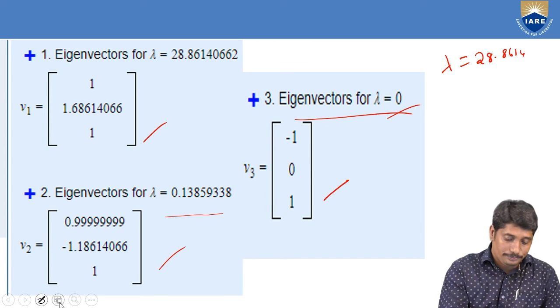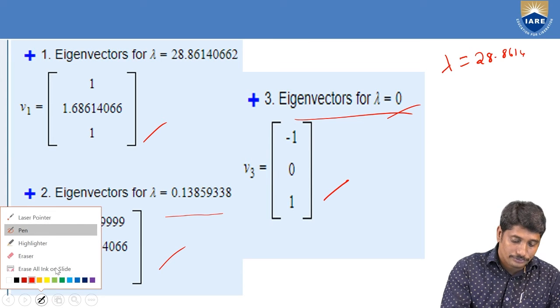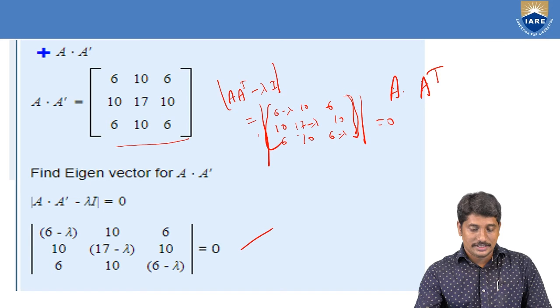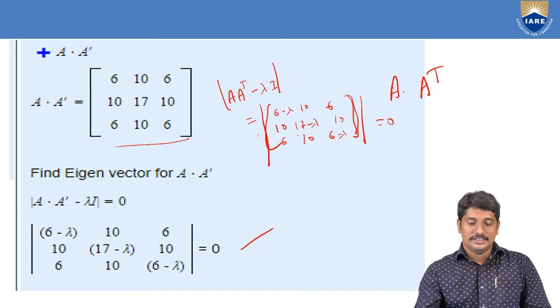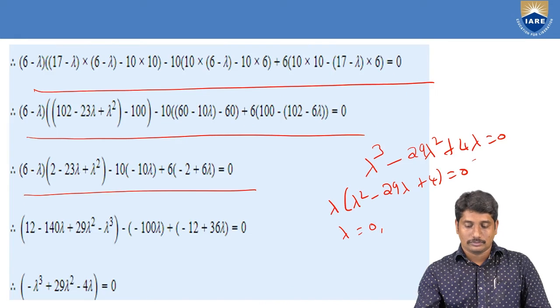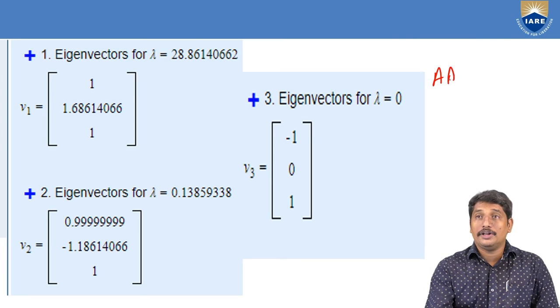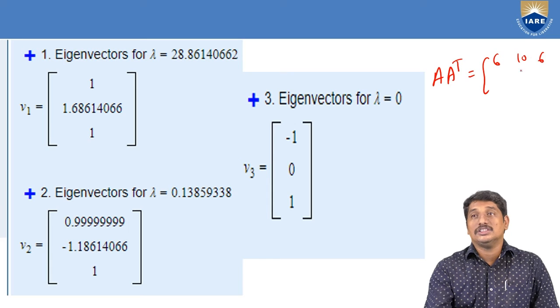Okay. Now, for that, let us first consider the matrix 6, 10, 6, 10, 17, 10, 6, 10, 6. So, I am considering A into A transpose, which is 6, 10, 6, 10, 17, 10, 6, 10, 6.